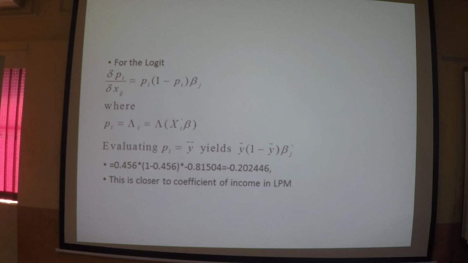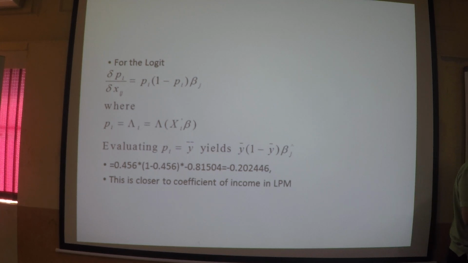So pi upon 1 minus pi is e raised to xi beta, right? Sure?